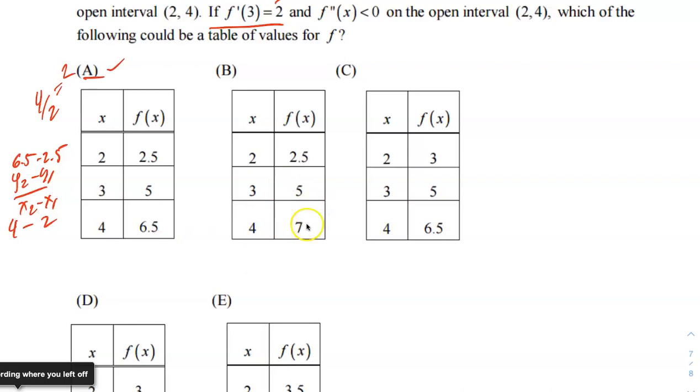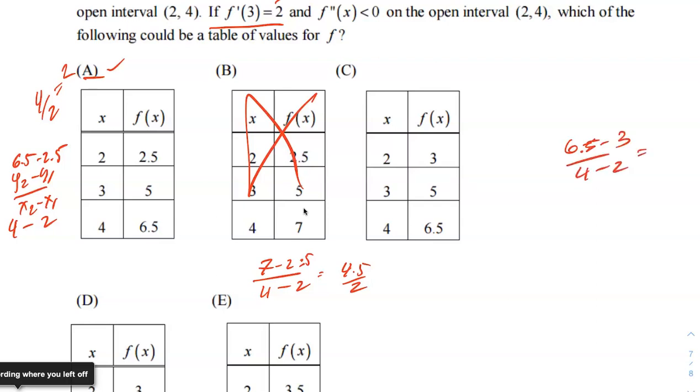If I do it here, 7 minus 2.5 over 4 minus 2, I get 4.5 over 2, which does not equal 2. So B's out. Here I get 6.5 minus 3 over 4 minus 2, so I get 2.5 over 2. That's also not 2, so C's out.